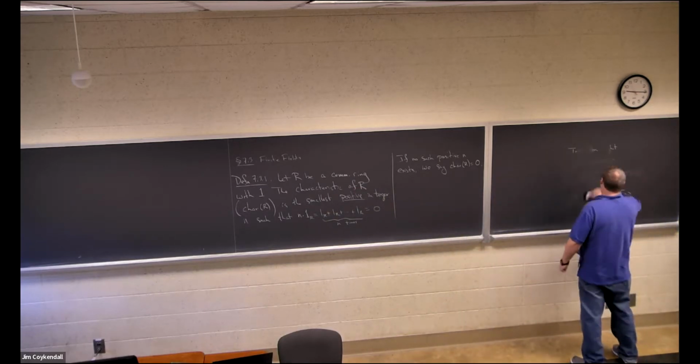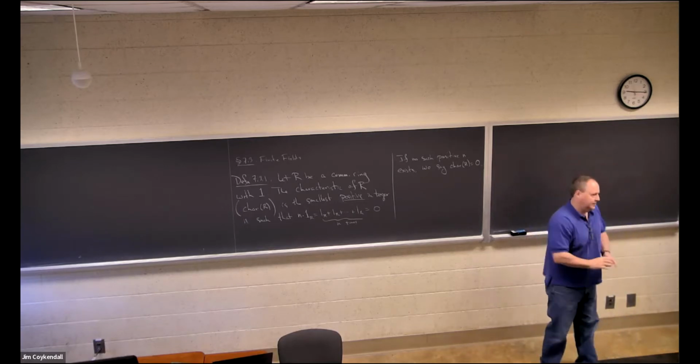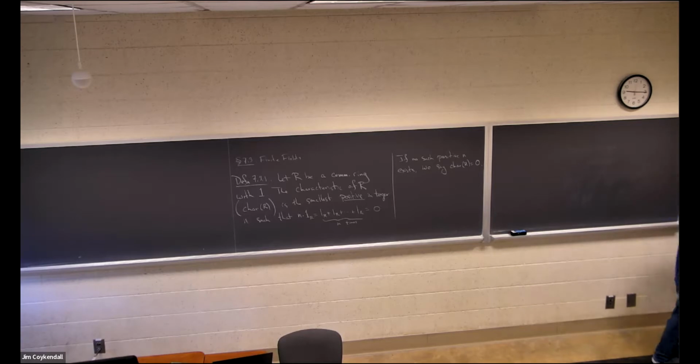Can anybody think of a commutative ring with one that has characteristic 0? Can you think of a ring where no matter how many times you add 1 to itself, it's never going to be 0?